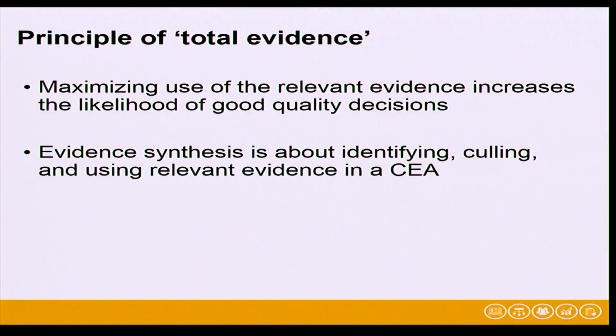And by that principle, we mean that maximizing the use of relevant evidence increases the likelihood of good quality decisions, good quality in the sense of the objective implied by the cost-effectiveness analysis. And evidence synthesis is simply about getting the information, identifying the information, structuring the information, and using it to inform the various model parameters that one uses in a CEA analysis, in an analysis model like the models that Karen alluded to.